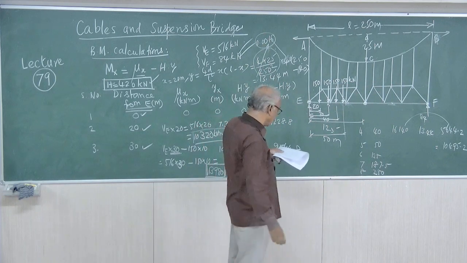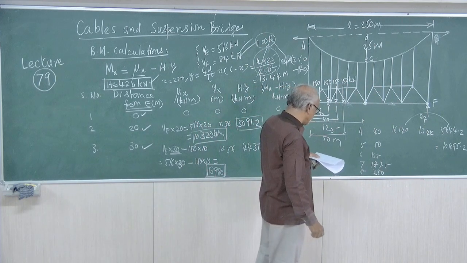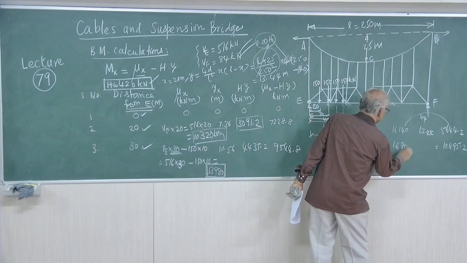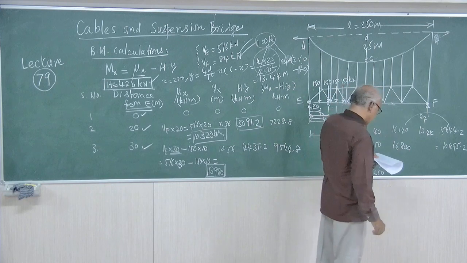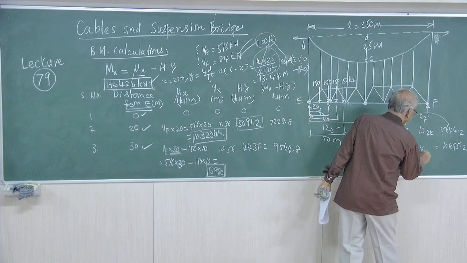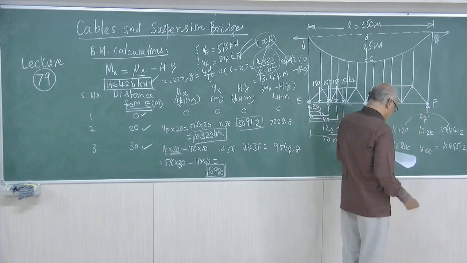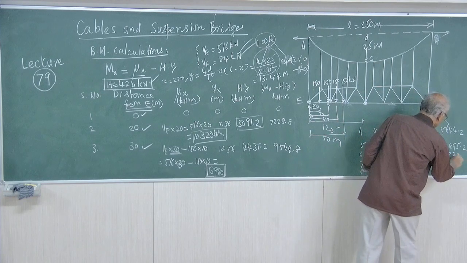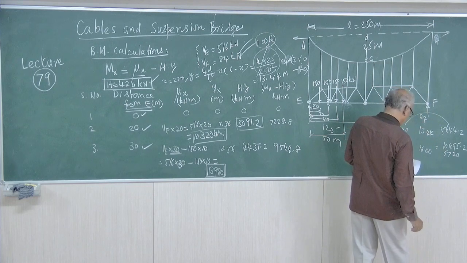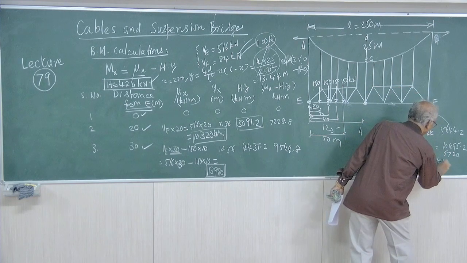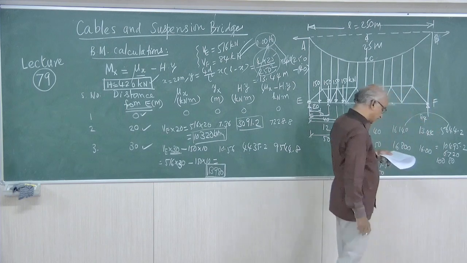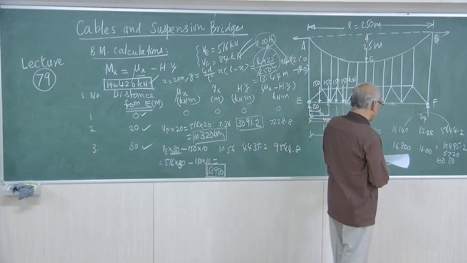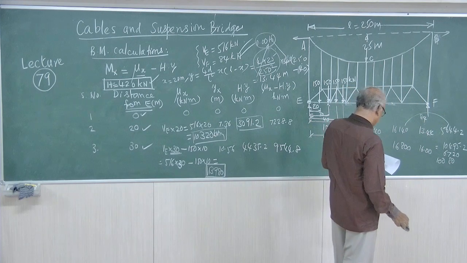Therefore, VF into 200 will give you 16,800. Now this value is 6720, and the net value is equal to 10,080 for 50 meters.